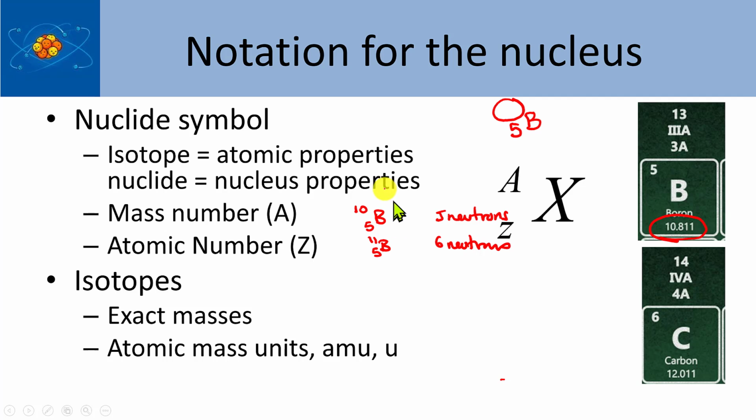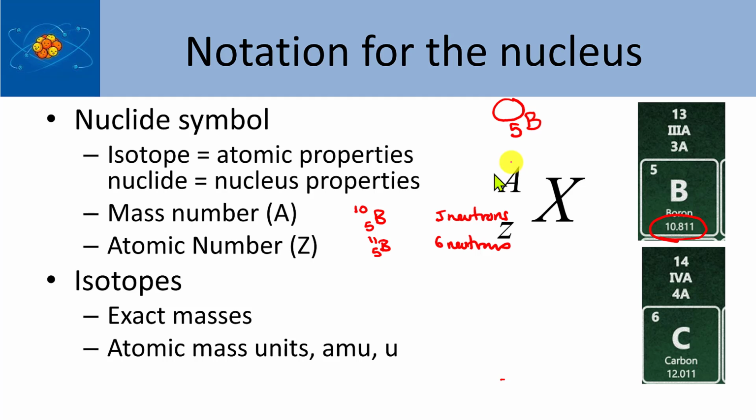So naturally occurring boron sources have both boron 10 and boron 11, but it turns out boron 11 makes up 80% of the sample of boron that you get in nature. That results in an average mass of about 10.8, because it's about 1 atomic mass unit more and reflects 80% of the naturally occurring boron.